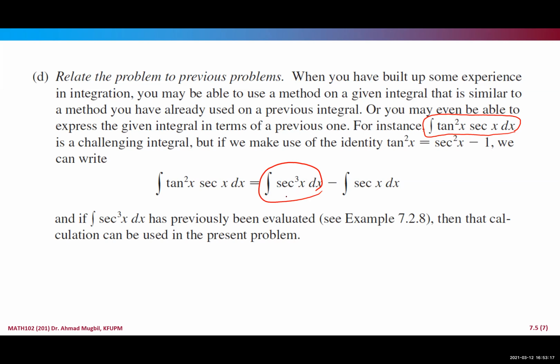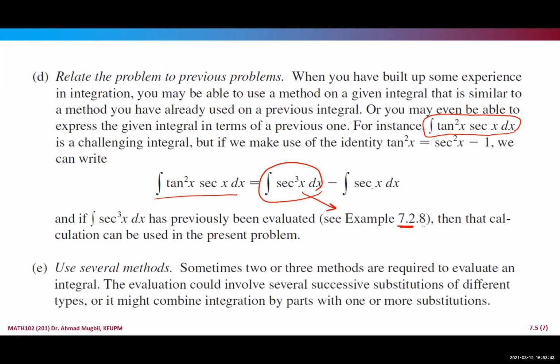So this integral is already done. We use integration by parts, and we solved this one in 7.2, example number 8. So when you evaluate this integral, use your previous experience and previous problems to solve it. It will be just an additional integral to the one you had before.